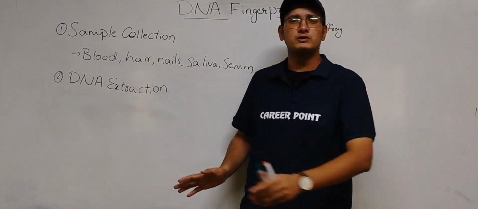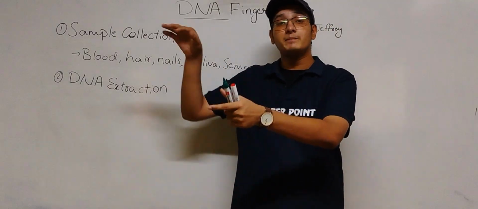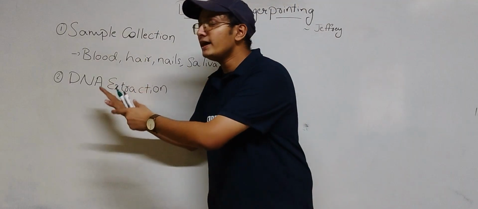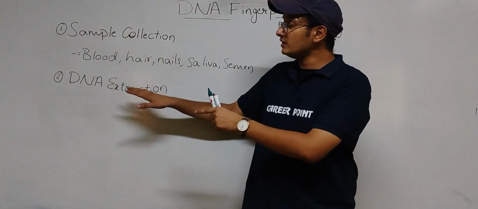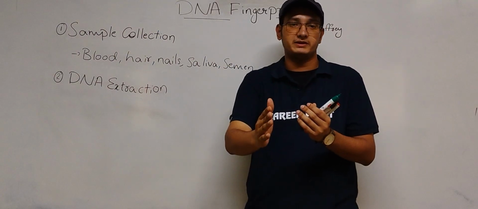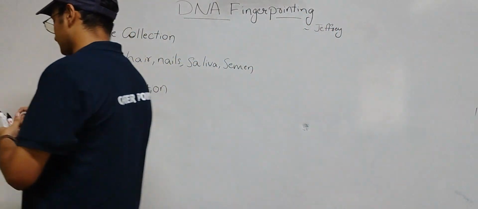So there are many processes in DNA fingerprinting. We are not going to see how they are made; we will get to know why we are doing this. Why are we doing DNA extraction? To remove the unnecessary part of it. We will get the purified DNA after DNA extraction.